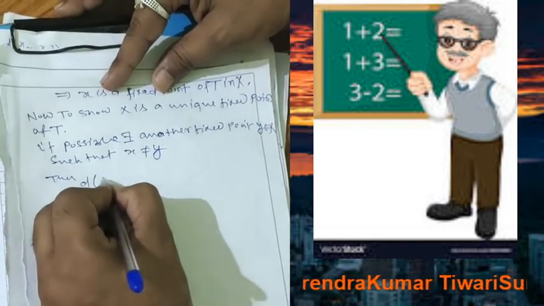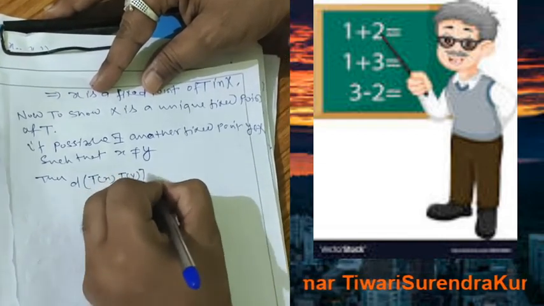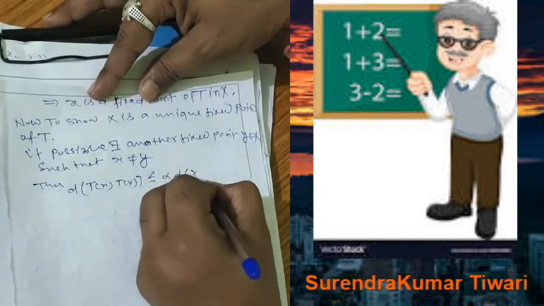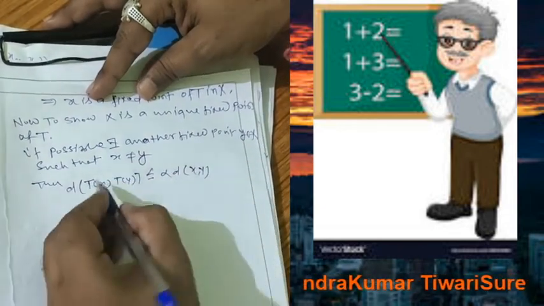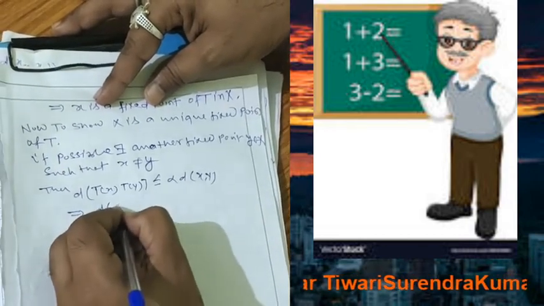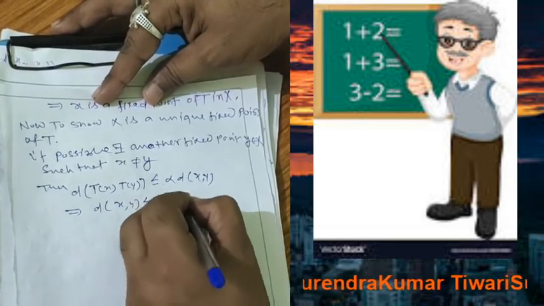Then d(Tx, Ty) is less than or equal to alpha d(x, y), which implies that d(x, y) is less than or equal to alpha d(x, y).